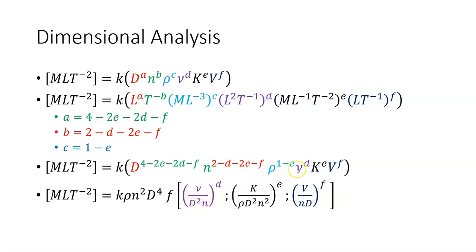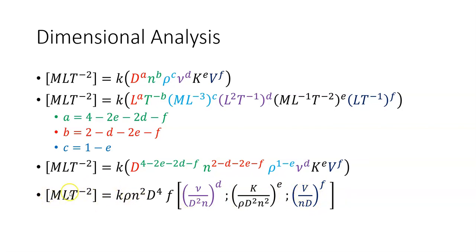For k then, we've k to the power of e, and we have d to the power of minus 2e, so d to the minus 2e, n to the minus 2e, so that's n squared e, and rho to the minus e here. And finally, to the power of f, we had v to the f, and then we had d to the minus f, so there's d to the minus f, and there's n to the minus f.